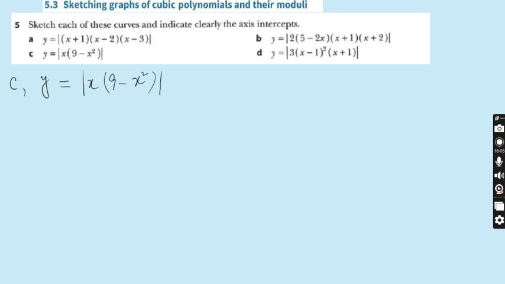So again, first we have to consider this function without the modulus.